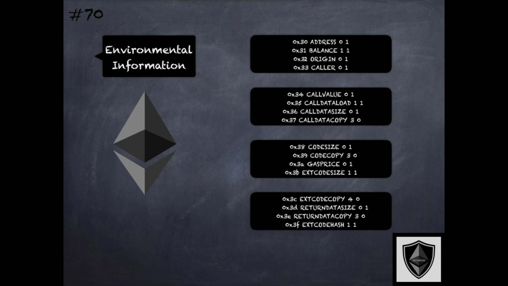Then you have return data size that gives the size of the output data from the previous call in the current environment. You have the return data copy that copies that return data. And then you have ext code hash, which gives the hash of the external account's code.